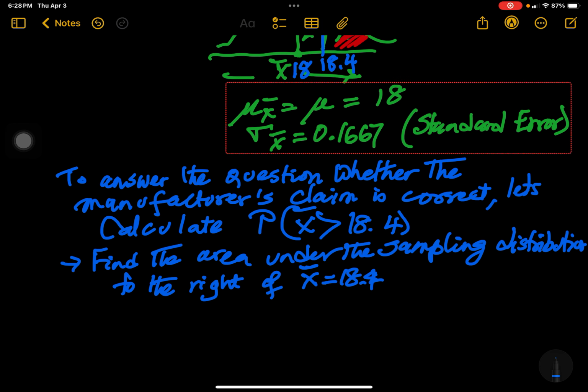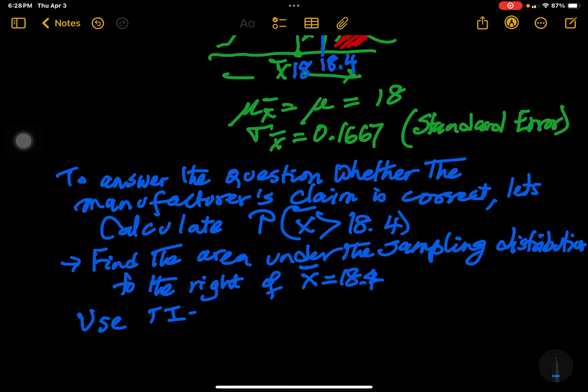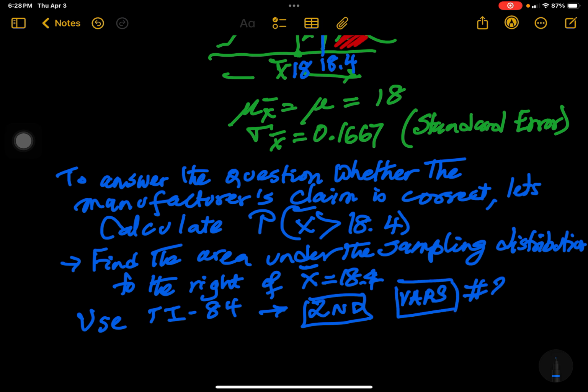So in our calculator, TI-84, we are going to press the second key, which is in the top left, and then the VARS key, which is in the third row of keys from the top, and then select number 2.